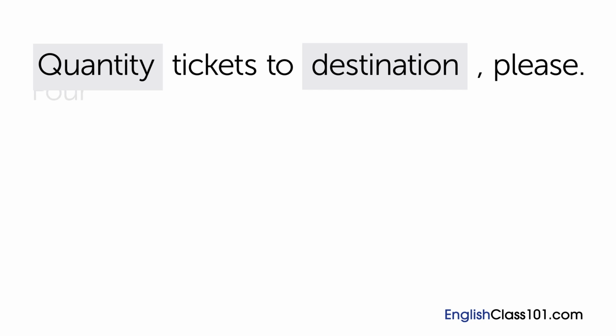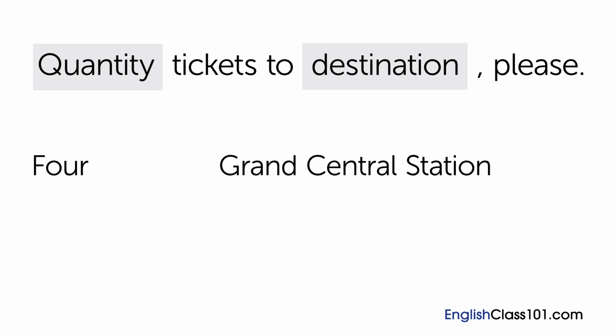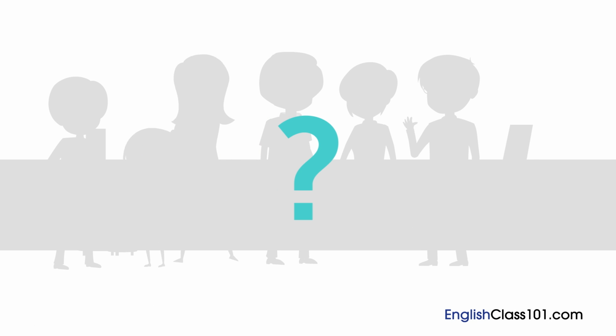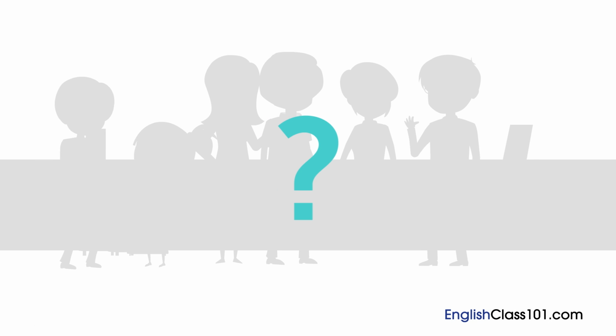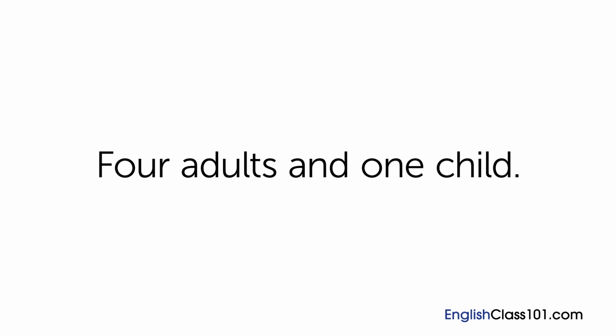Now imagine you want 4 tickets to Grand Central Station. What would you say to the ticket clerk? Four tickets to Grand Central Station, please. Do you remember how George told how many adults and children would need tickets? 4 adults and 1 child.